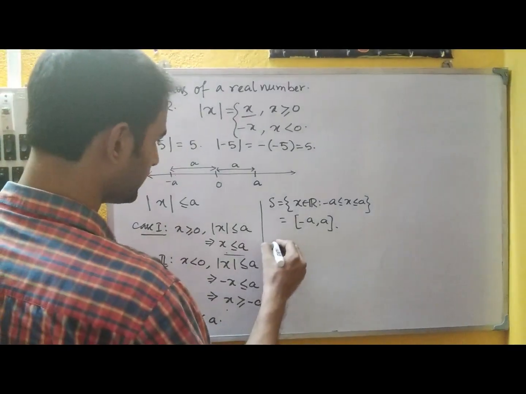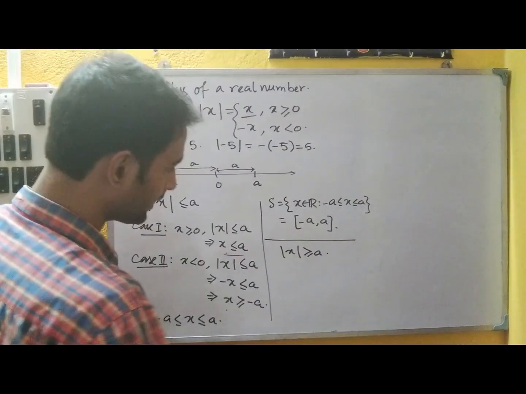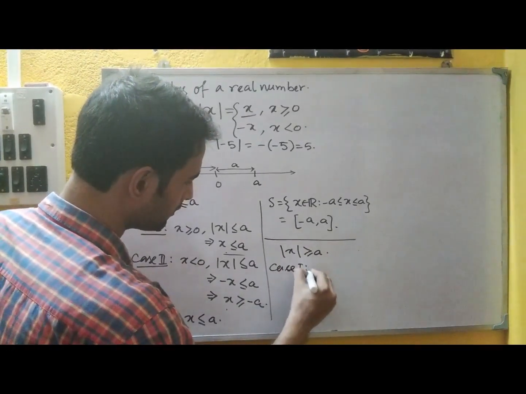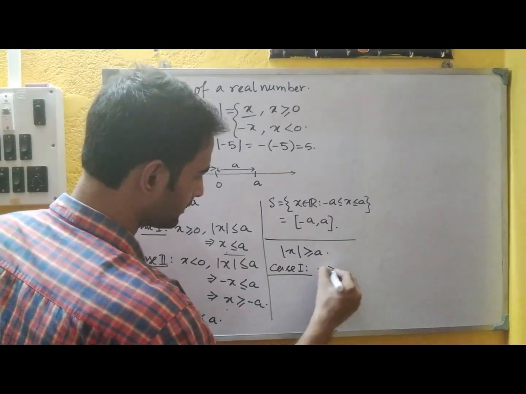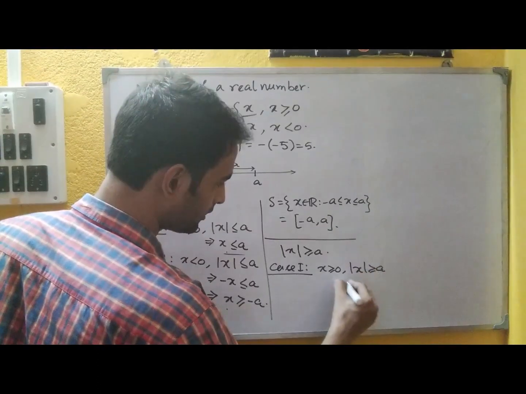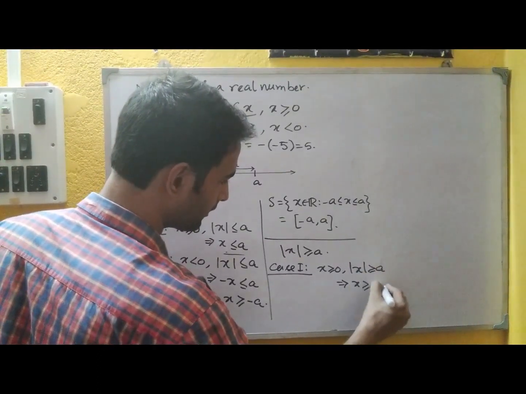Similarly, let us see what we can get. In case 1, if x is taken greater or equals to 0, then mod x greater or equals to a means x greater or equal to a.